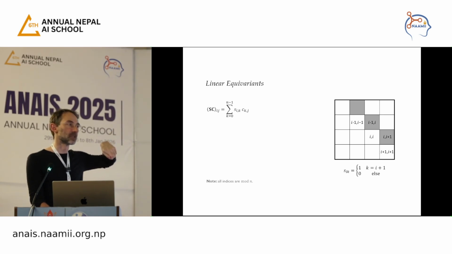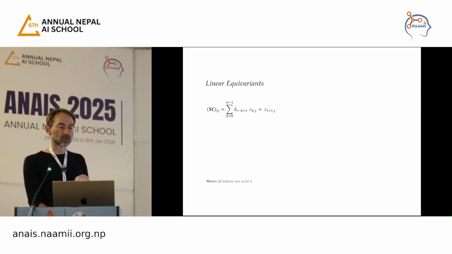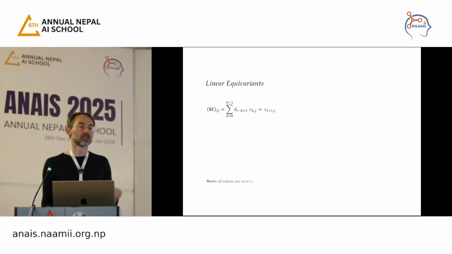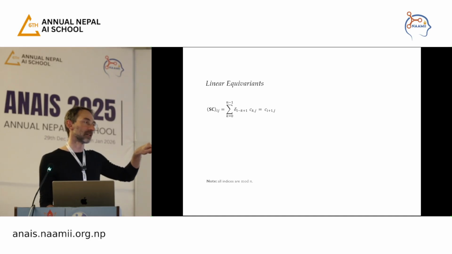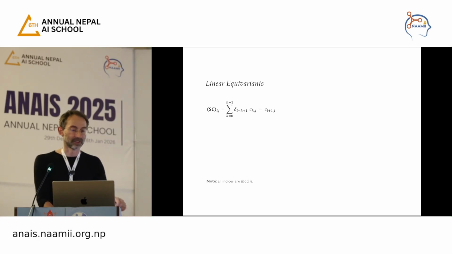So I can write it explicitly as a delta function that looks like this: delta of i minus k plus 1. This function is 1 when the index here is 0 and 0 otherwise. So when i minus k equals 1, or i minus k plus 1 equals 0, then we get a 1.